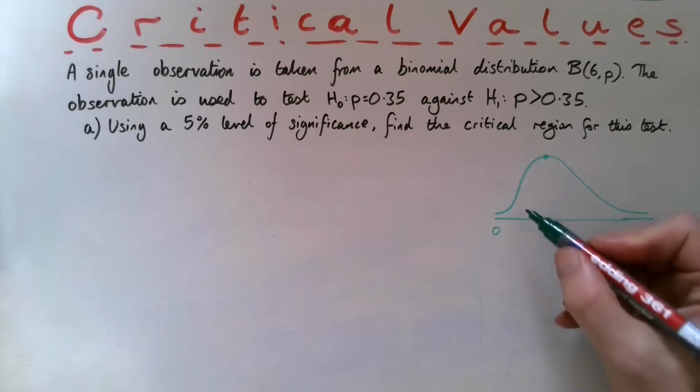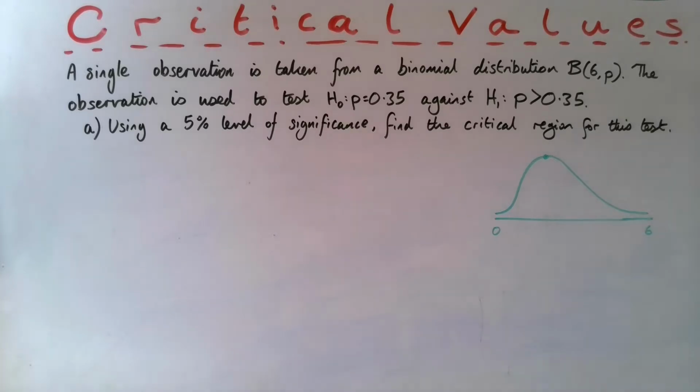And what we're interested in is finding out how many Mr. Godber would have to win before we reach a likelihood of happening of less than 5%, for us to be able to go on with that.